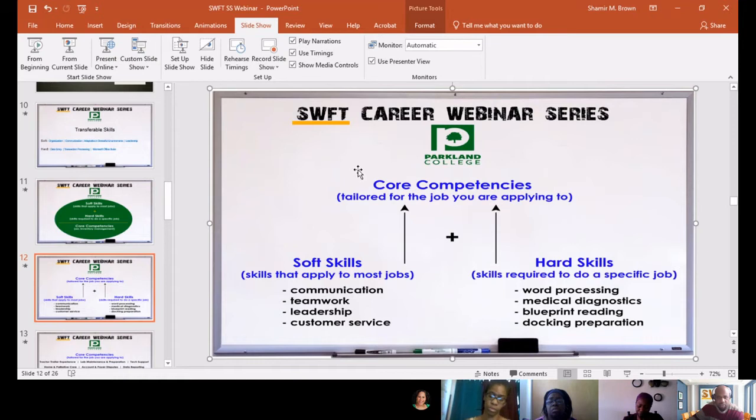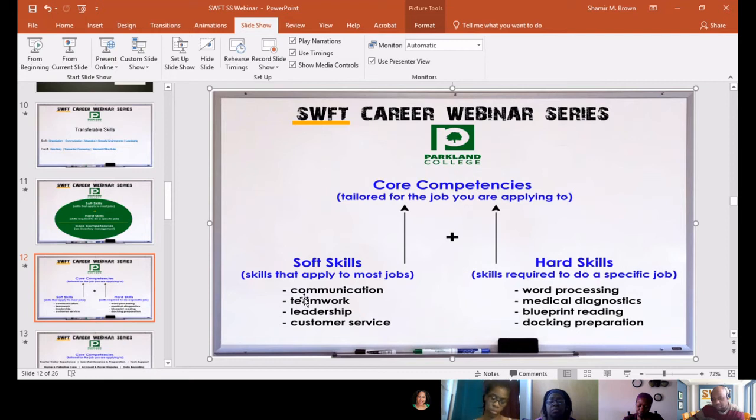Another way to combine would be communication and word processing. Your ability to talk to people and understand the type of person you're communicating with, the language to use, etc., and your ability to type out documents within Word or any other word processor might give you core competencies such as technical writing.